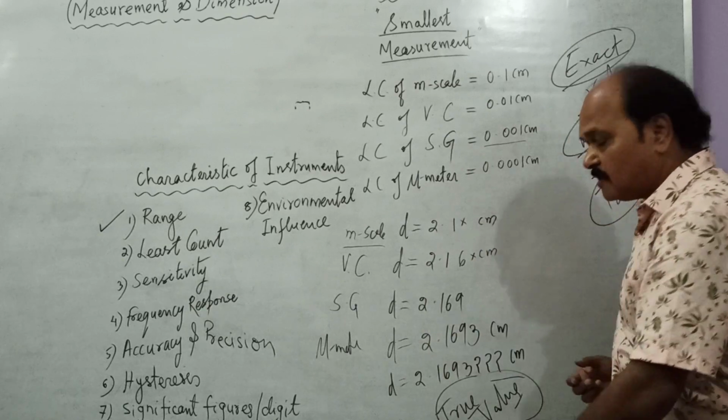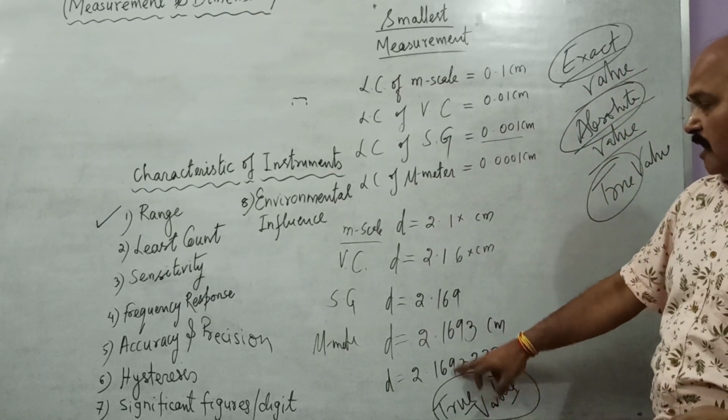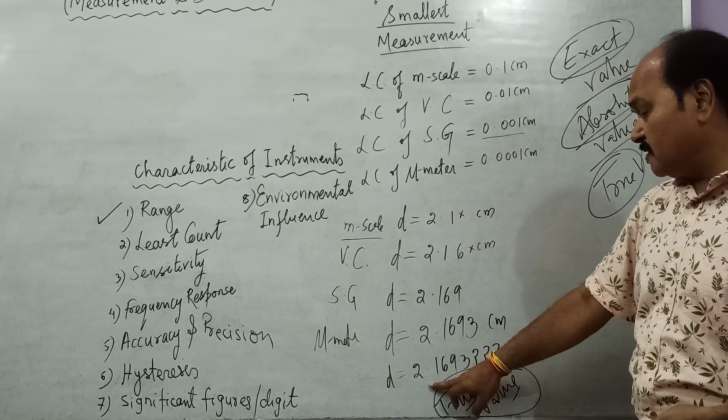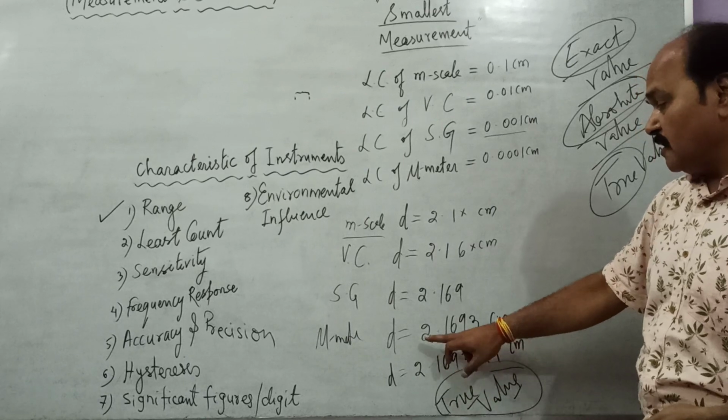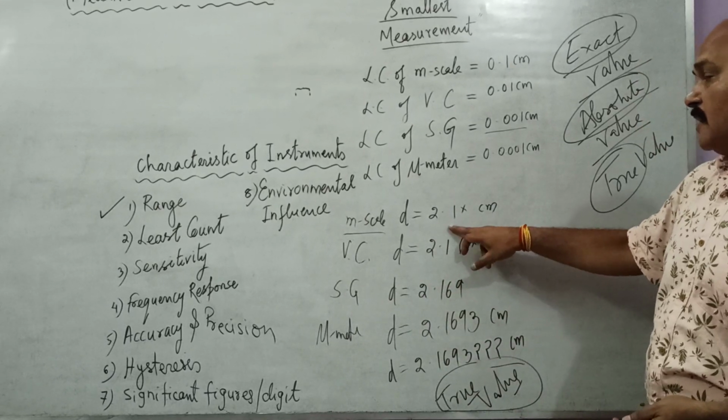If we look at all these measurements, we would say, yes, this one is the best one and this one is the worst. This is most correct, this is more correct than this one, which is more correct than this one, and this one is least correct.